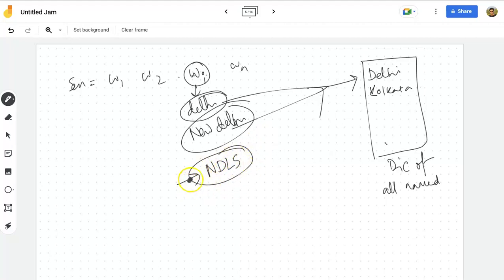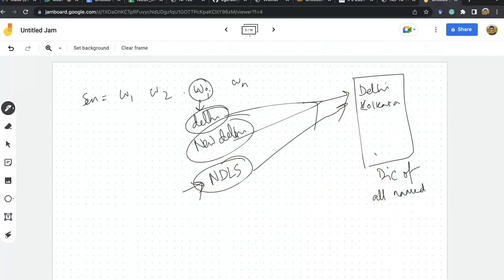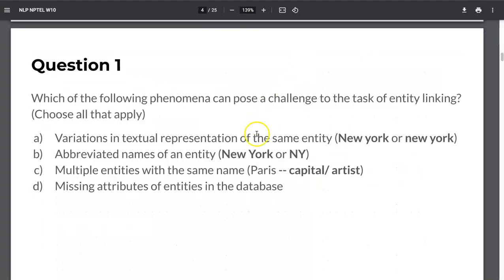Suppose someone writes it this way, then also you cannot map it to the actual entity, because this will not match any of your entries in your dictionary. So this is a problem. And what is the next thing? Another option, C: multiple entities with the same name. Again the same issues.